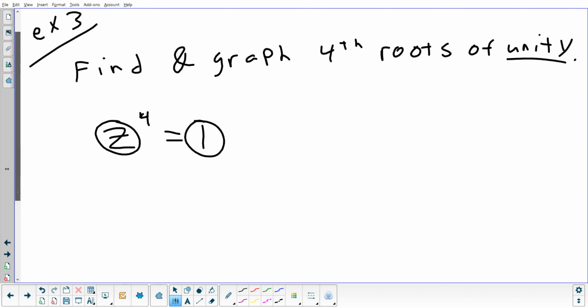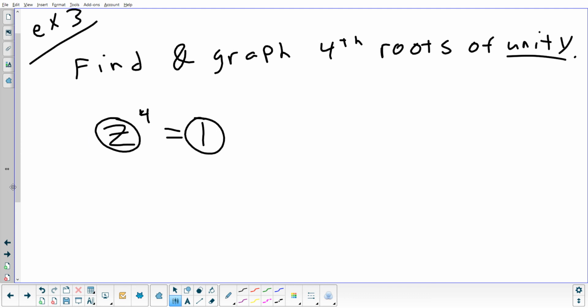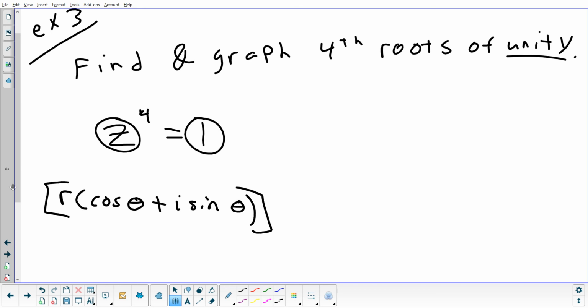So what you do with the z on the left, and this is what you do in every problem, it doesn't matter what root you're finding, you always change z to this: r times cosine theta plus i sine theta. Because your goal in this problem is to solve for z. Z is a complex number.